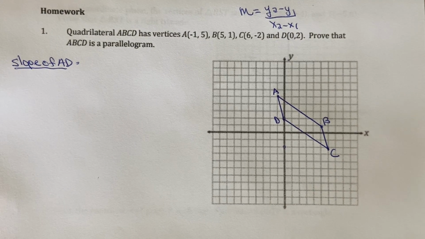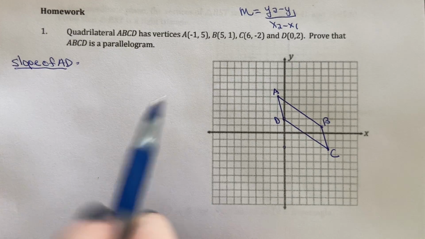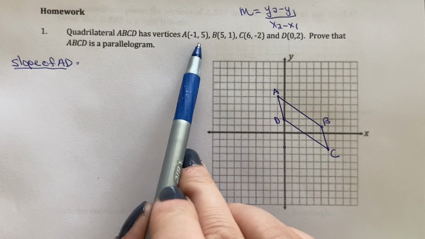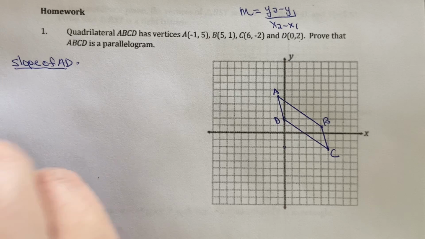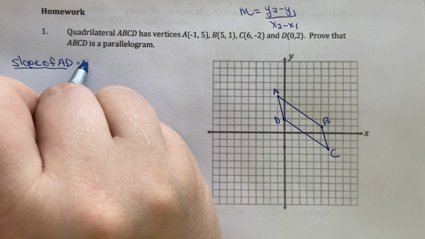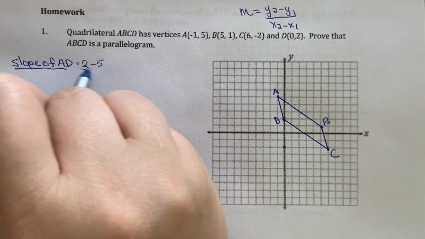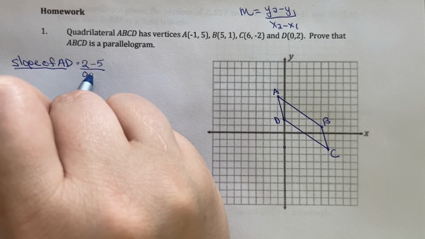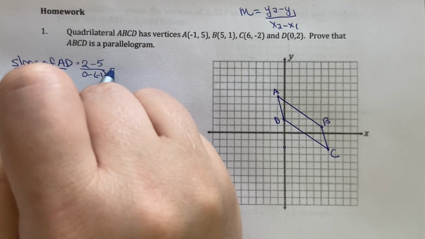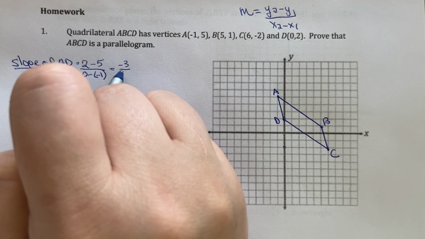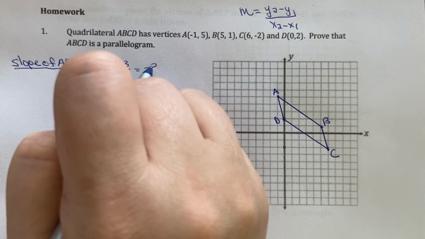Okay, so working this out, the slope of AD, here's A, here's D, would be 2 minus 5 all over 0 minus a negative 1. So 2 minus 5 all over 0 minus a negative 1 would give you negative 3 over 1 or negative 3.